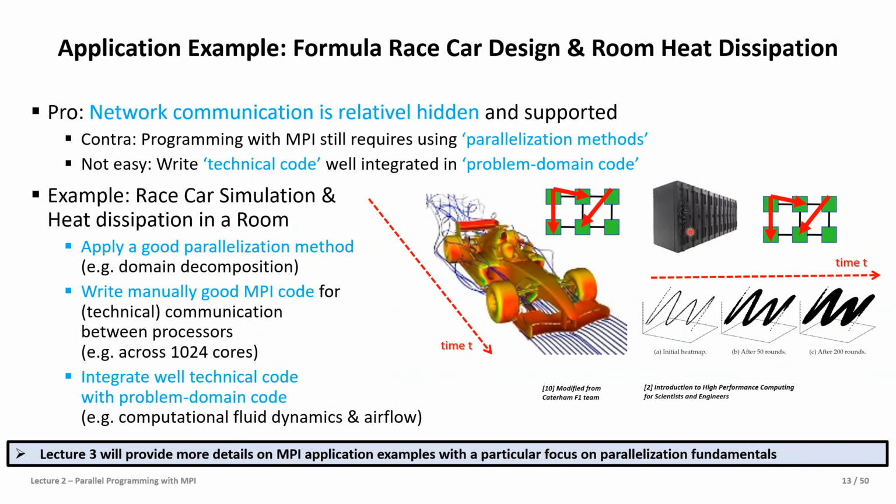To really create this application, we will look at this in lecture 3 again. You would have a good parallelization method or a good parallel idea, maybe the Cartesian in the room in 3D.